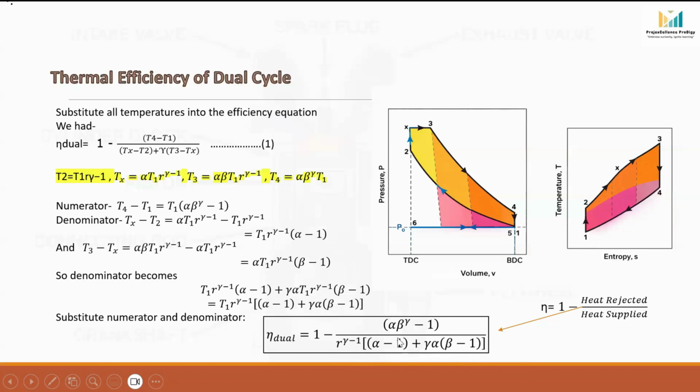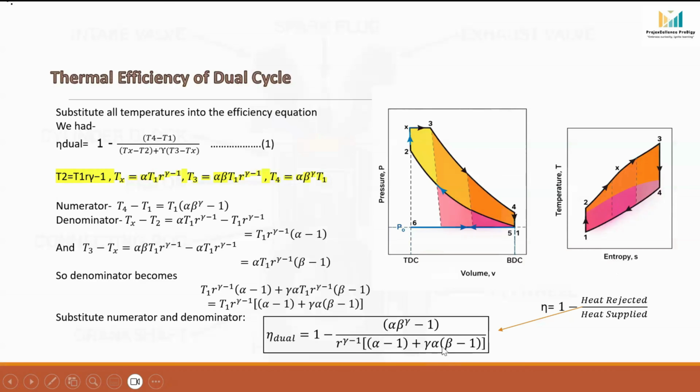This formula shows how efficiency depends on four key parameters: compression ratio R, pressure ratio alpha, cutoff ratio beta, and specific heat ratio gamma. If you look at the final expression, the numerator represents heat loss and the denominator represents heat input.